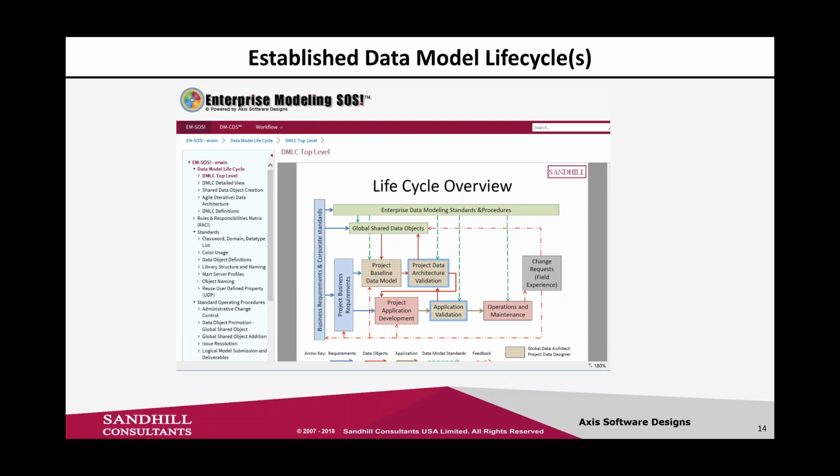Now it's typical that a company is going to have more than one life cycle. You might be doing new development and going from a logical to a physical to a database. You might be doing some re-engineering for a different project and bring a database information into a physical model. And perhaps you might even be using that physical model to retrofit logical information into it. Erwin allows you to do all of that.